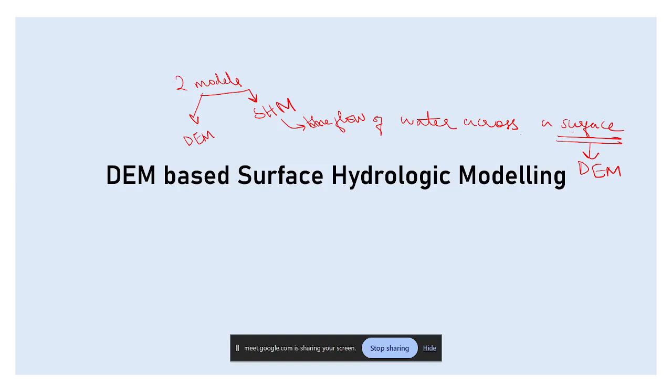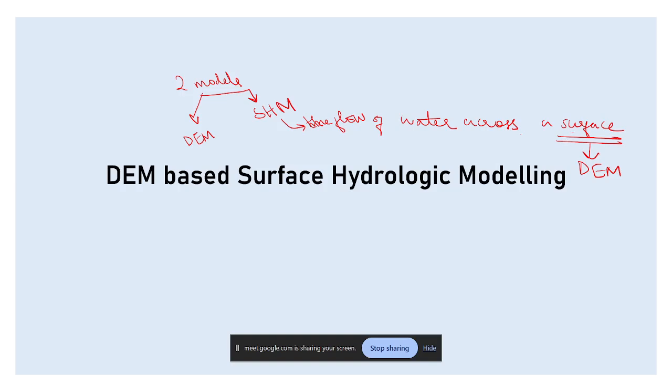Now, as we know, the shape and characteristics of the Earth's surface are useful in many fields of study, especially in earth sciences, hydrology, geography, civil engineering, and so on. We need to understand the shape of the Earth and its characteristics.